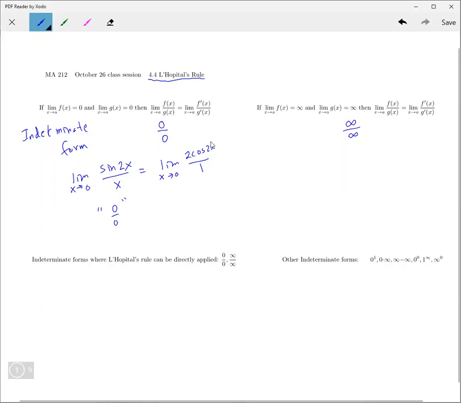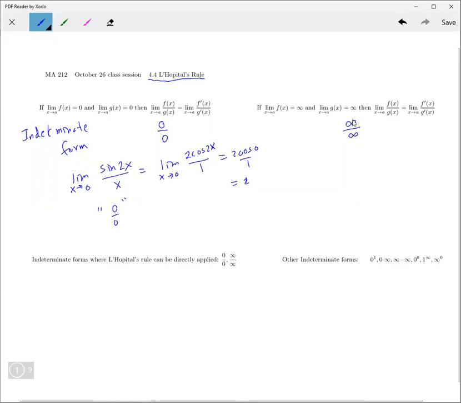So you're not thinking quotient rule here. You're just taking the derivative of the numerator and putting it in the numerator, taking the derivative of the denominator and putting that in the denominator. Now you can plug in a 0 there, and 2 is the answer. So that limit is 2, just like we had figured out before.